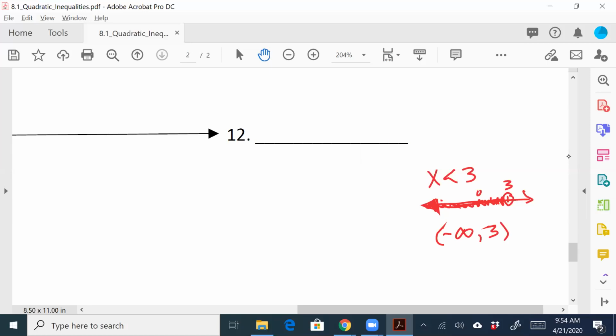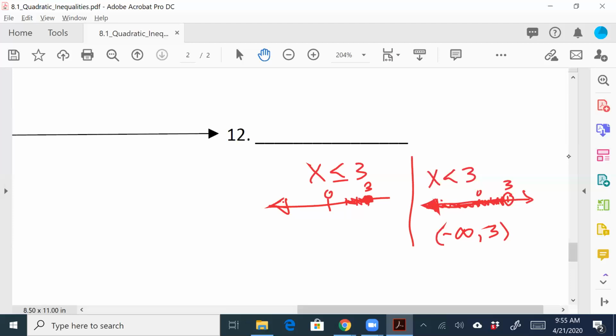If I had x less than or equal to 3, this time instead of an open circle at 3, we use a closed circle at 3 to show that it can be equal to 3.